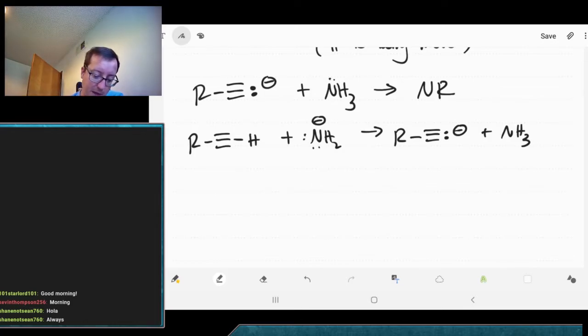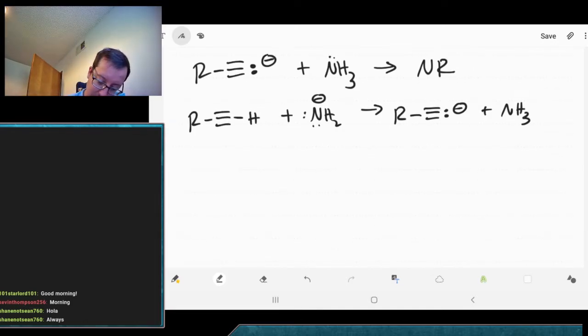Another way to write this would be as an equilibrium, right? We could say instead that we're going to end up... Why didn't I just copy the whole thing?